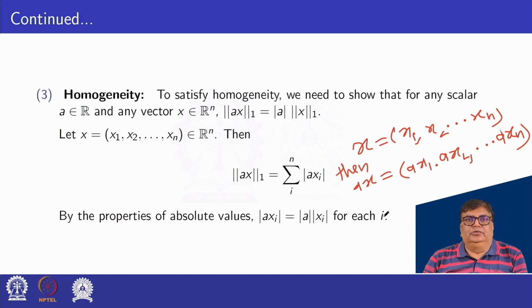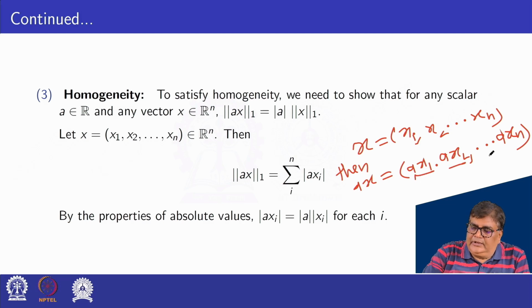So norm ax equals summation i equal to 1 to n mod a xi. Each term of vector ax equals a xi for all i equal to 1 to n.